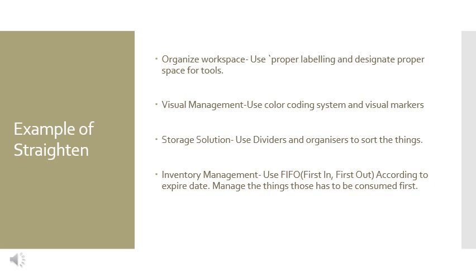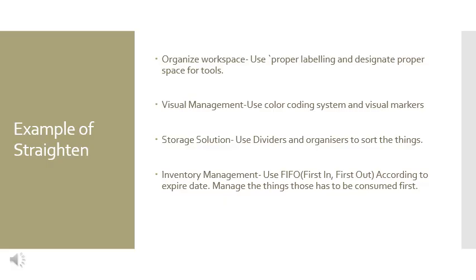The next example is visual management, putting in the color coding system, visual markers, flags, and notifying at a particular distance if there is any dangerous site, like open excavation ahead. This is basically to enhance the safety.